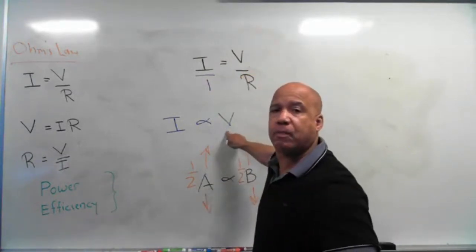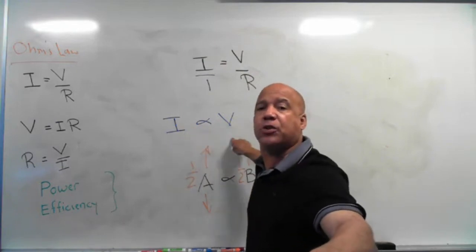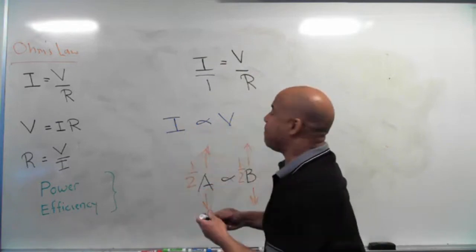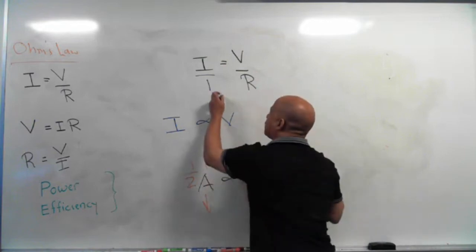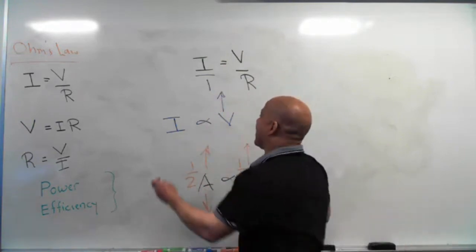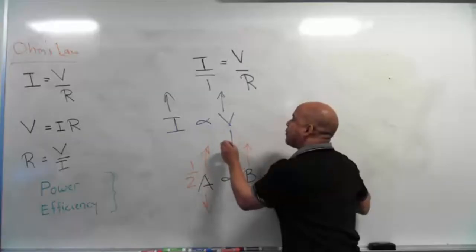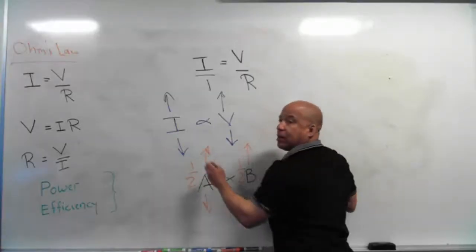If voltage is the force to make electrons move, if voltage causes current, does it make sense that if I increase the voltage, if I increase the force that makes the electrons move, I should get more current? Does it make sense that if I decrease that force, if I decrease the voltage, I'll get less current?